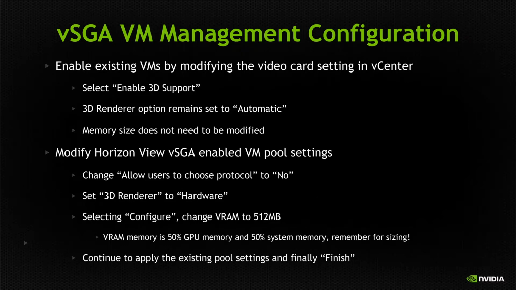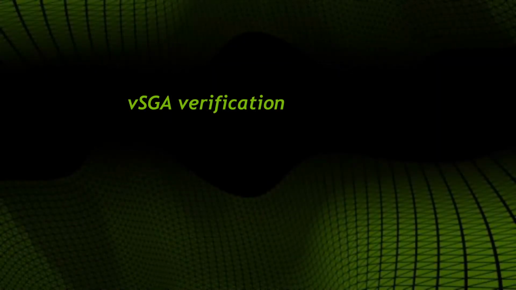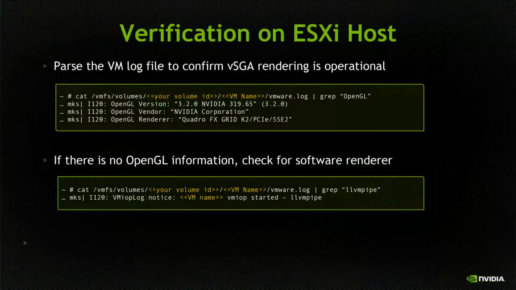So after you start one of these virtual machines and connect through Horizon View client, you can go into the ESX shell and check the virtual machine's VMware log file. And hopefully you'll see something that says the OpenGL version 3.2 and also saying that it's a GRID K2.